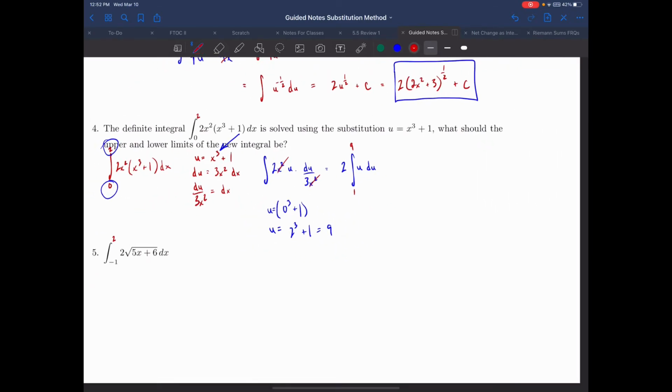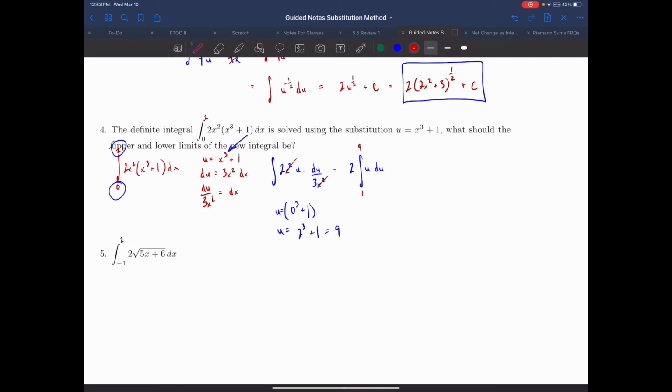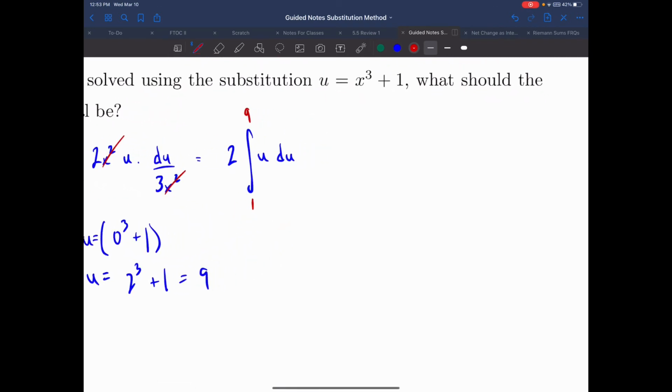So now I don't even have to resubstitute in x cubed plus 1. I just integrate this. So I'd have 2 times u squared divided by 2, evaluated from 1 to 9. And the 2's cancel, so that's even easier. And so you'd have 9 squared minus 1 squared.